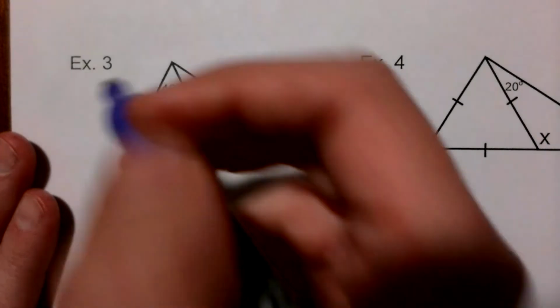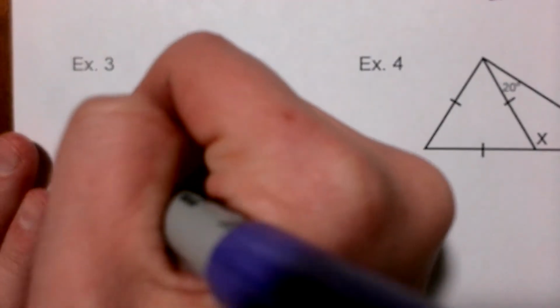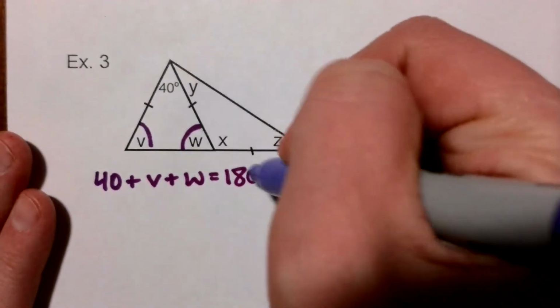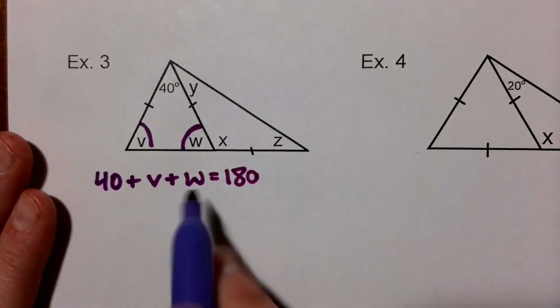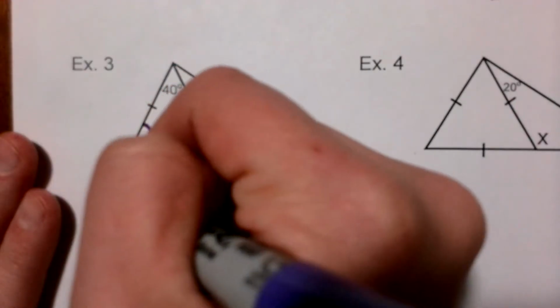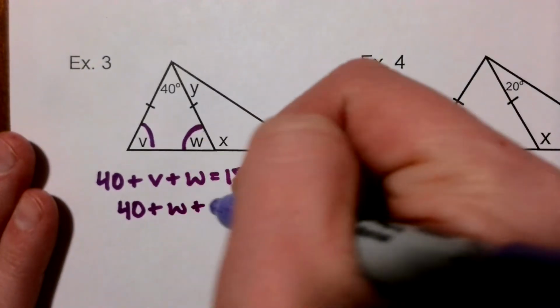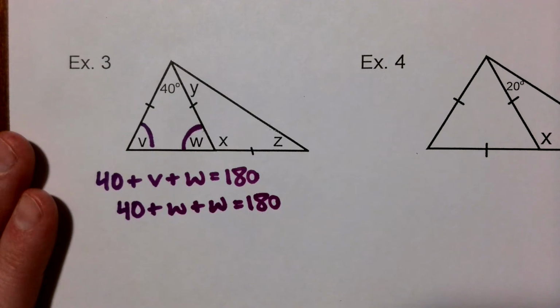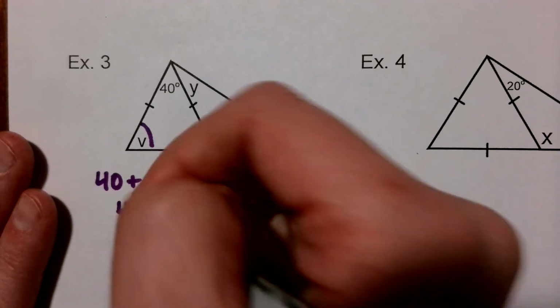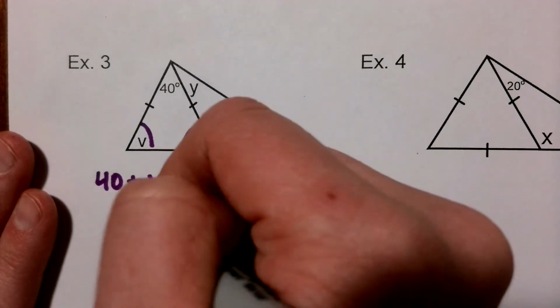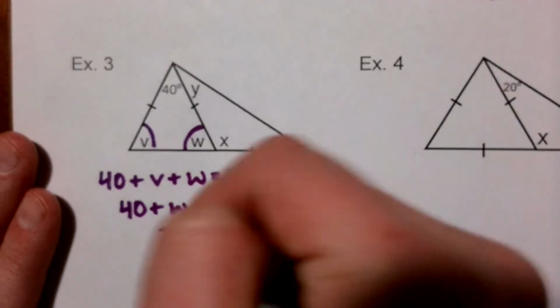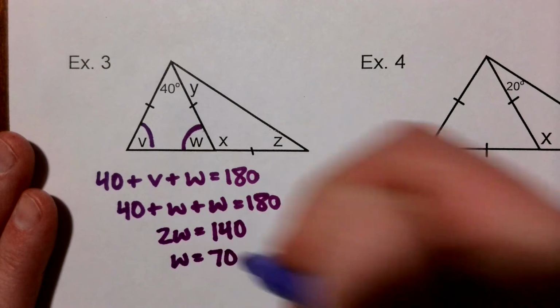So I could set up an equation that says, okay, I've got 40 plus v plus w has to equal 180, but v and w are the same measure, so if I made that one variable, w plus w, then I could go ahead and solve for what that angle measure is for both of them. So I'm going to go ahead and subtract. We got 2 w's, and subtract 40, and we get that w has to be 70.